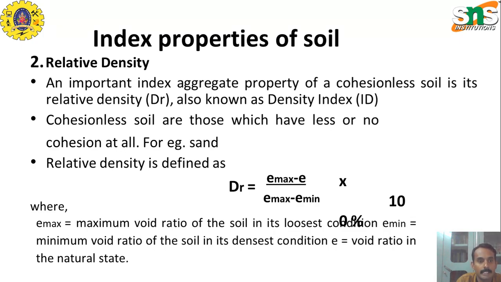So next property is relative density. It is an important property representing cohesionless soil, which is also called as a density index. It is defined as the ratio between the difference between the natural void ratio and the void ratio in the densest state to the difference of void ratio at densest and loosest state.